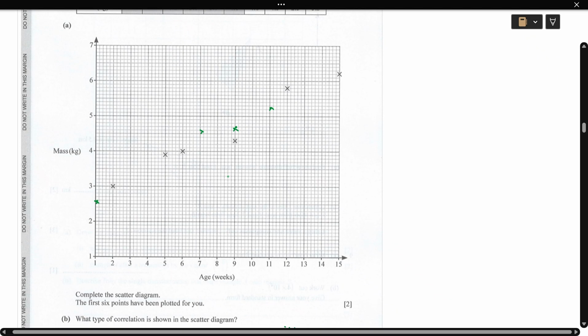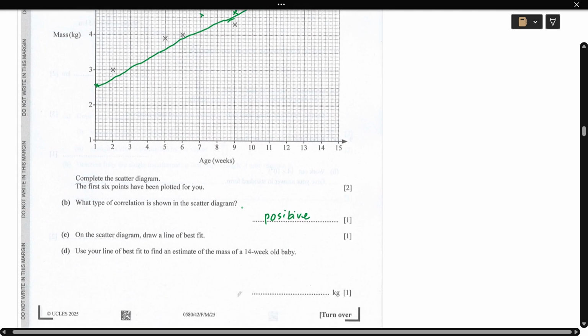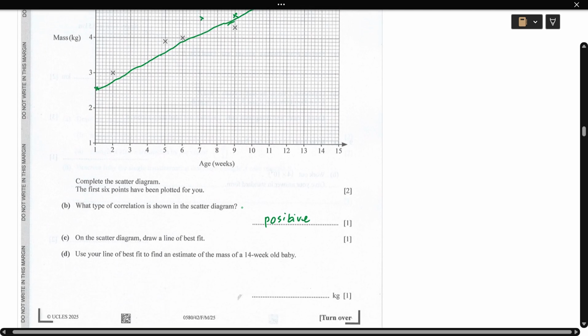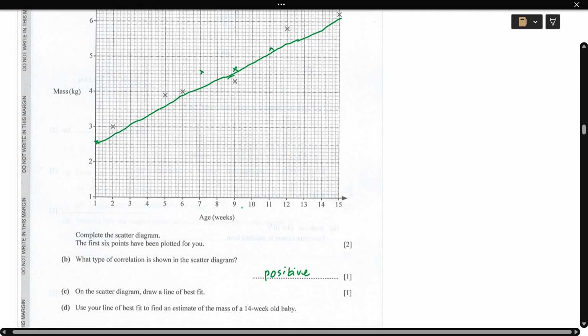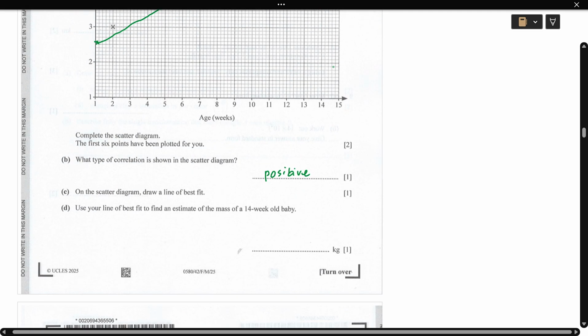With the ruler we can draw the proper best fit. Okay, done. Next part, use your line of best fit to find the estimate for a 14-week-old baby. At 14 here it is approximately 5.5. So 5.5.